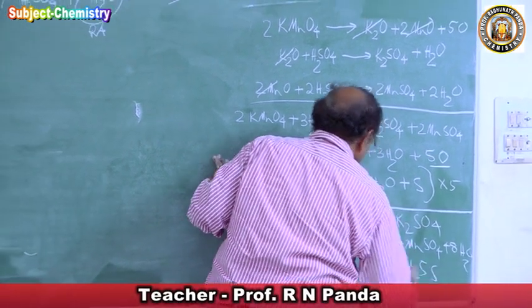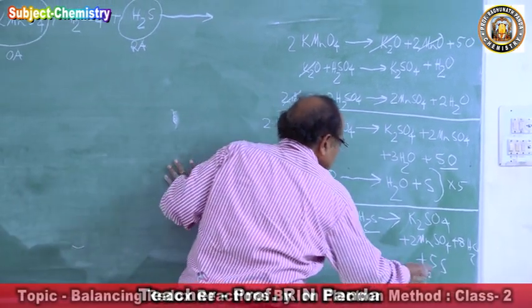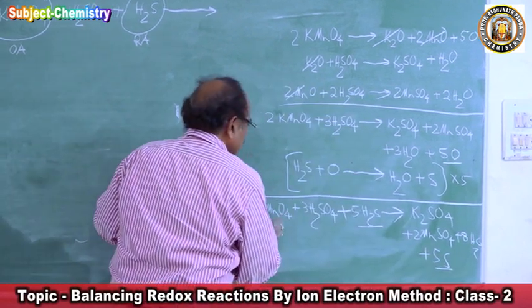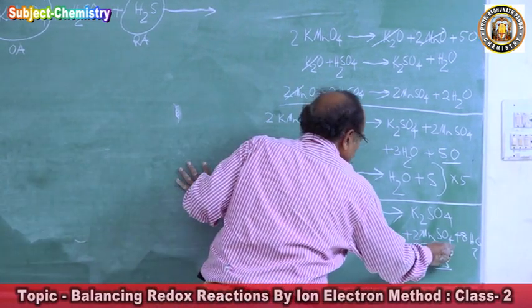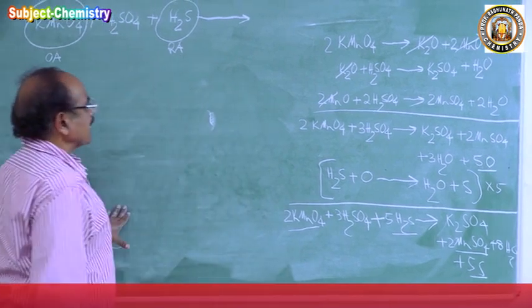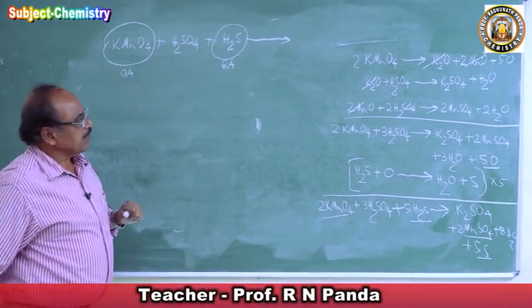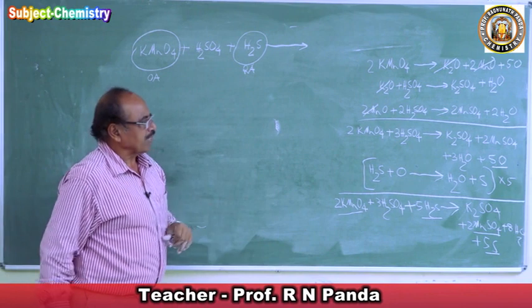So what have we learnt? H2S is becoming sulfur and KMnO4 is forming MnSO4. This is the partial equation method I have done.